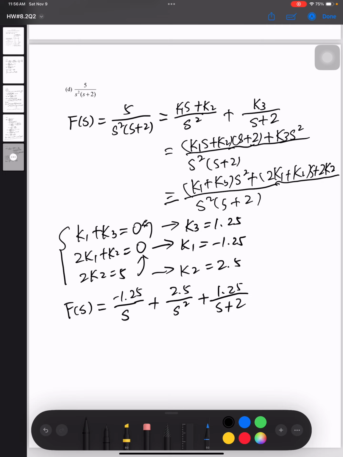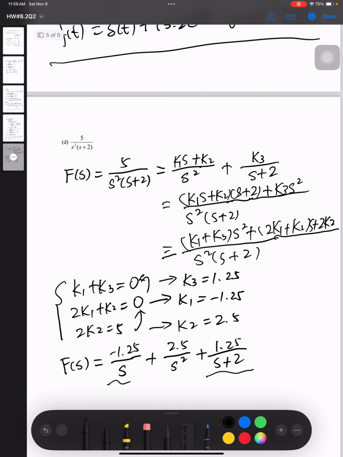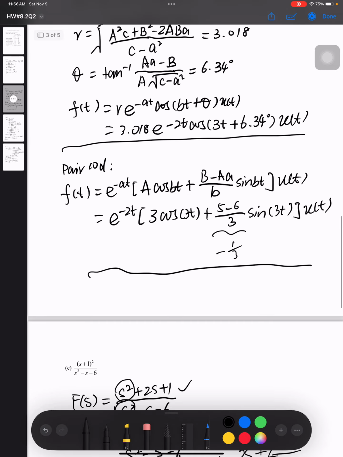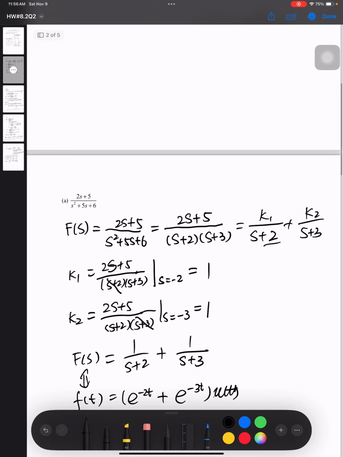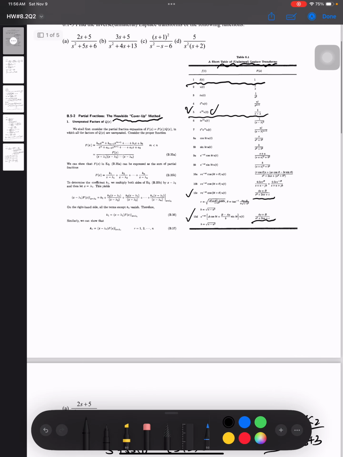For these parts, let's just directly check the table. We need this one, this one, and this one.